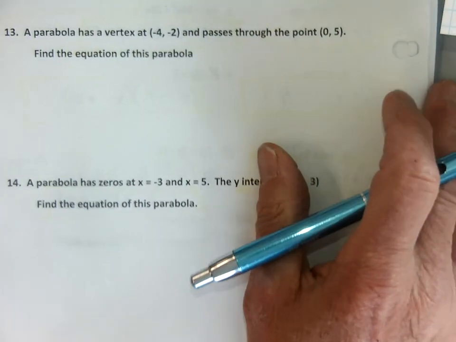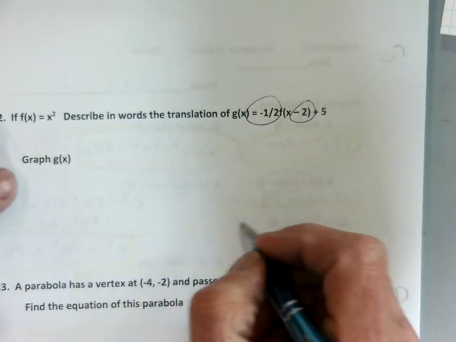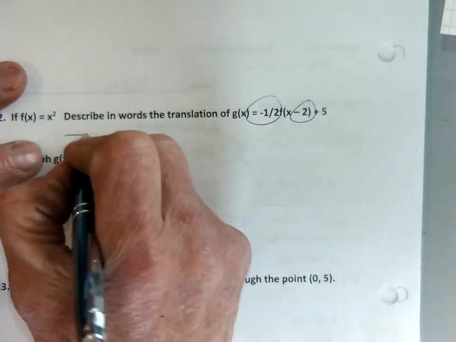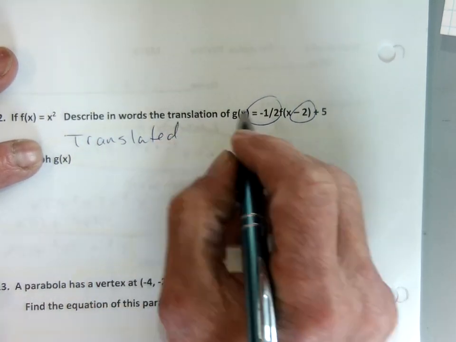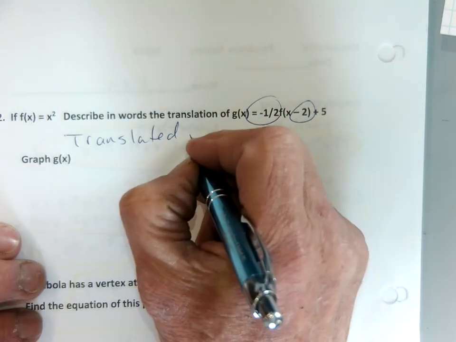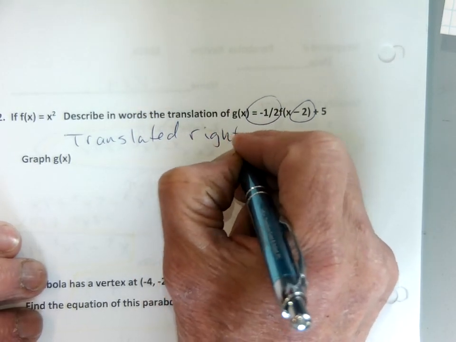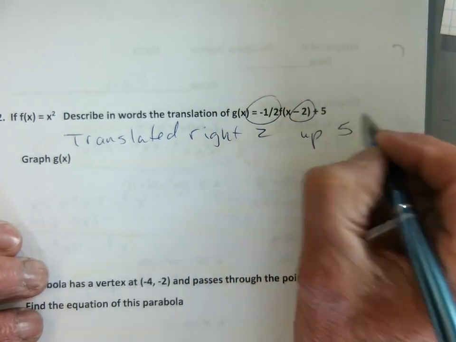Okay, describe in words and then graph it. Okay, so here's what I know. I know a couple of things. That f(x) is going to be translated opposite, so it's going to go right. Use words. 2, and then up 5.